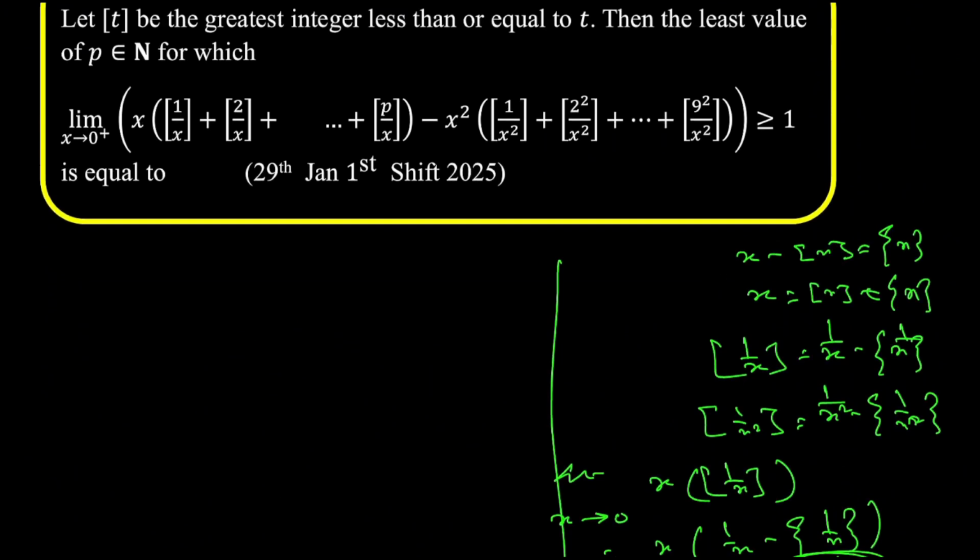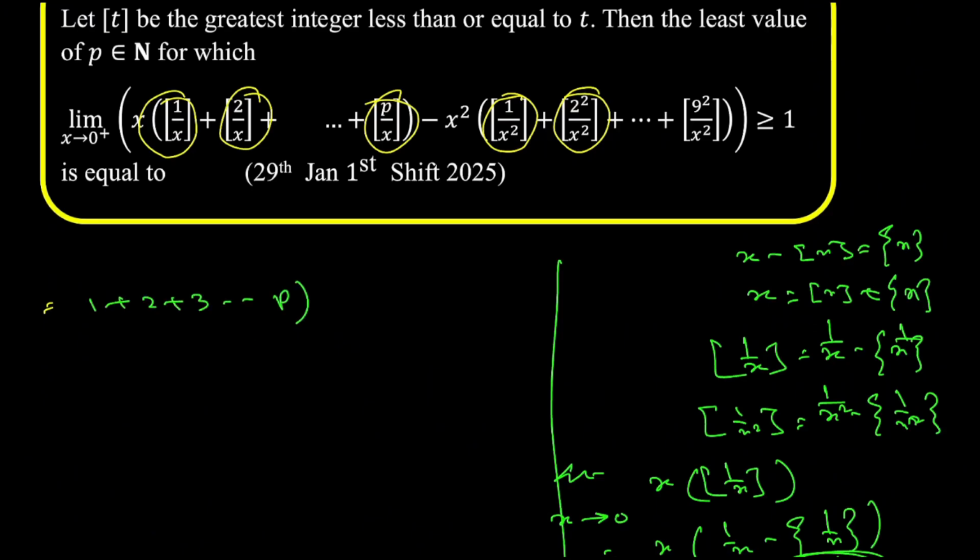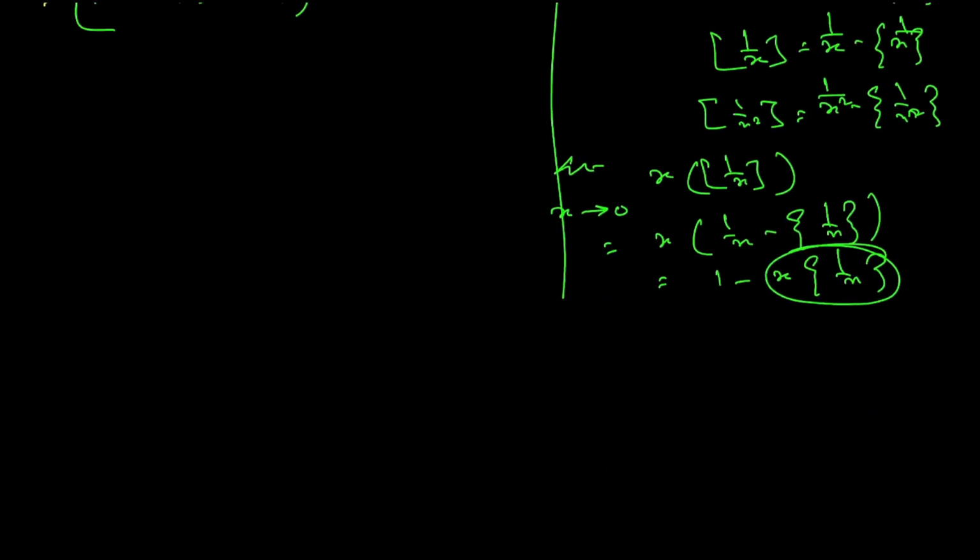So finally we are getting what? This is coming 1, this is coming 2, this is coming p. Similarly, x square, this is coming 1, this is coming 2 square, this is coming p square. So finally the result is coming to be p into, I am writing in some detail, 1 plus 2 plus 3 up to p, because once again I am telling you what is the reason behind it.